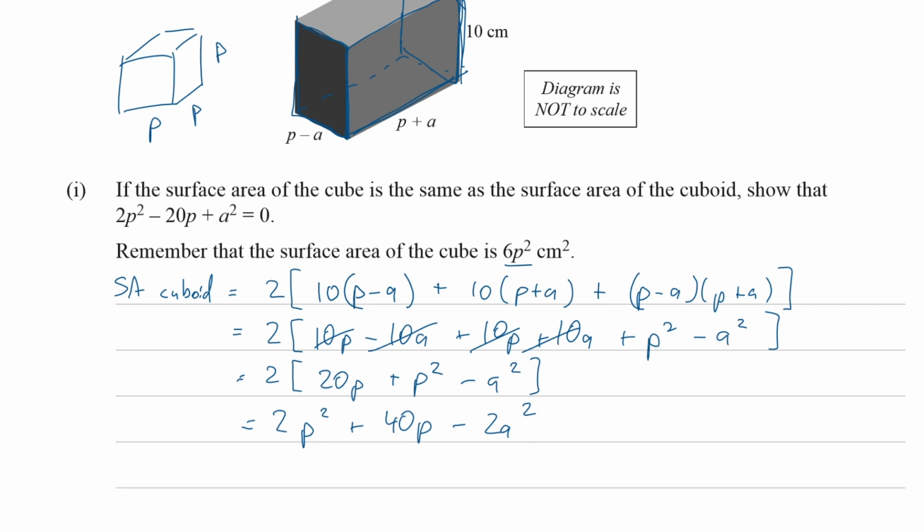And now that whole expression will equal 6p squared. So we're equating the surface area of the cuboid to the surface area of the cube.